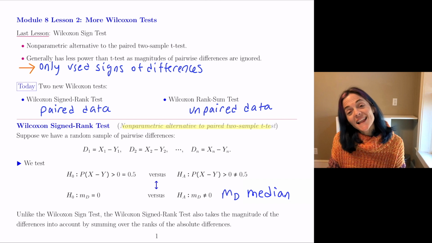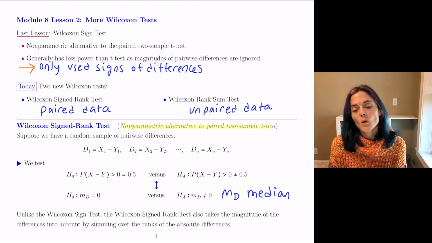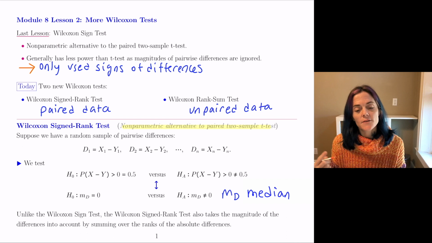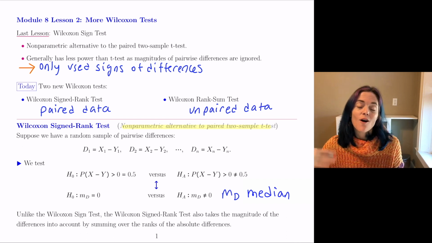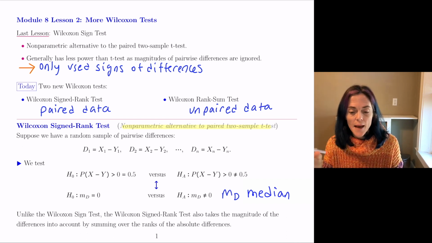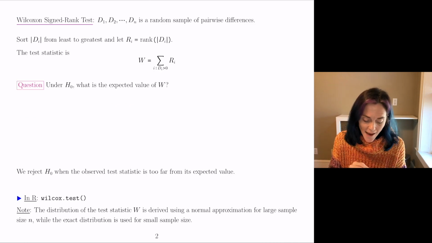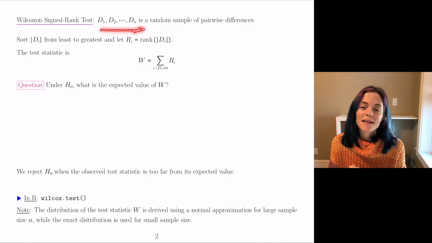Unlike the Wilcoxon Signed Test in Lesson 1, the Wilcoxon Signed-Rank Test also takes into account the magnitude of the differences by summing over the ranks of the absolute differences. Here are the details. We have D1 through Dn, a random sample of pairwise differences.